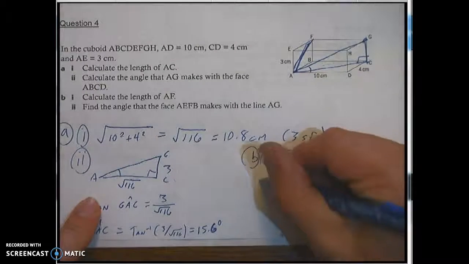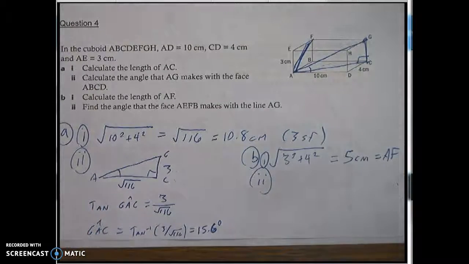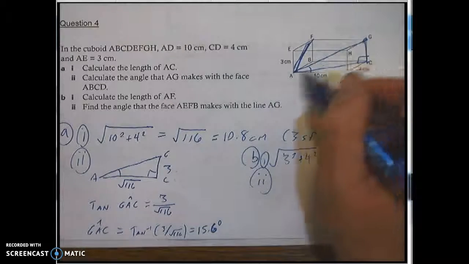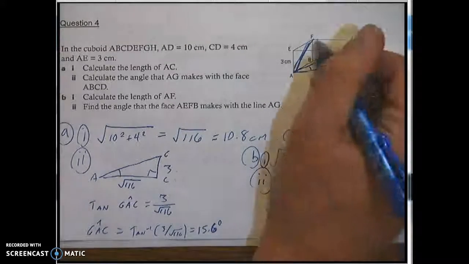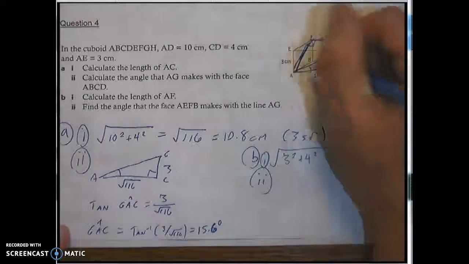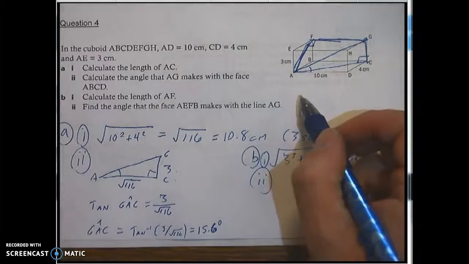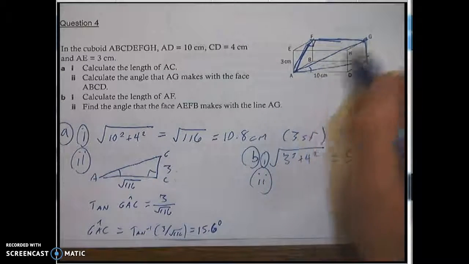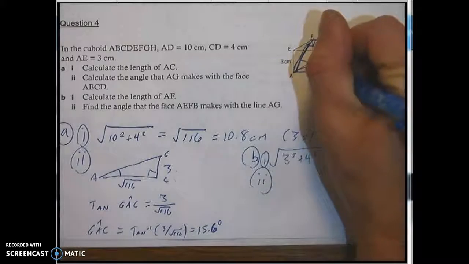Part 2 says, find the angle that AEFB makes with the line AG. So now I'm dealing with this other right triangle right here, and I'm trying to find the angle that AEFB makes with AG. So it looks like it's this angle right here.